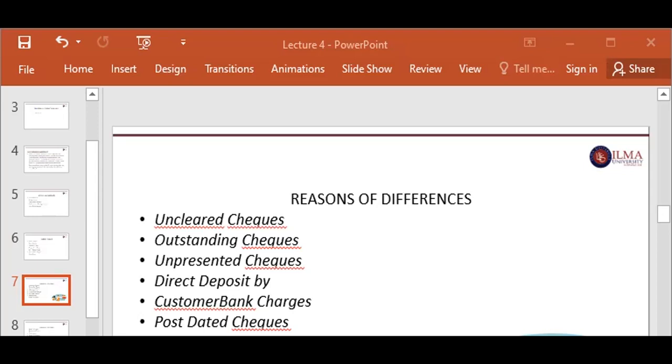Post-dated checks are also a reason of discrepancy. Checks which have been written by the drawer for a date in the future. The next one is standing order. A type of pre-authorized payment under which an account holder instructs a bank to pay a specific amount directly from his or her account balance to a named party on a regular basis.